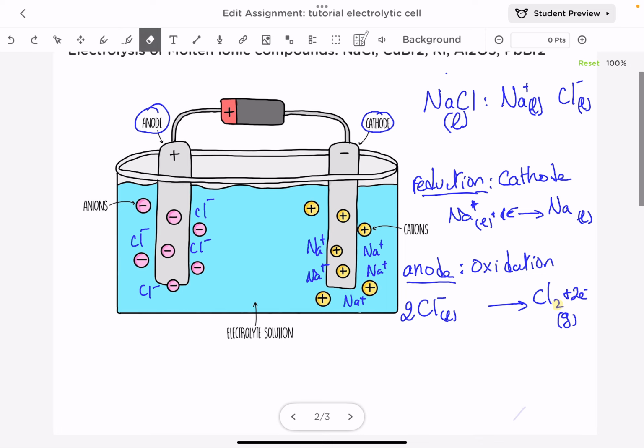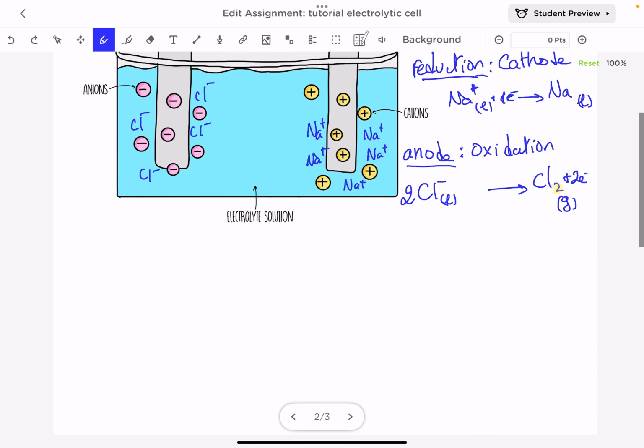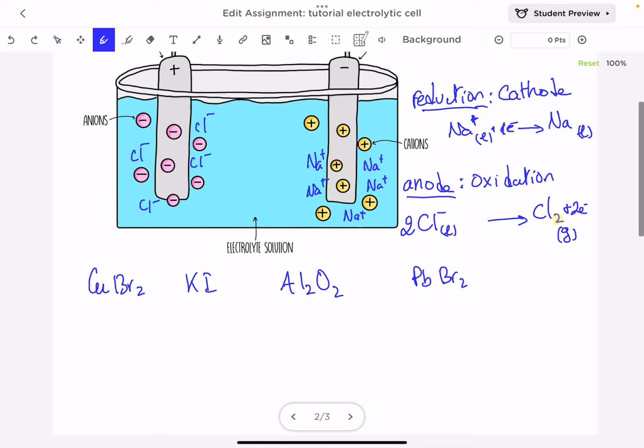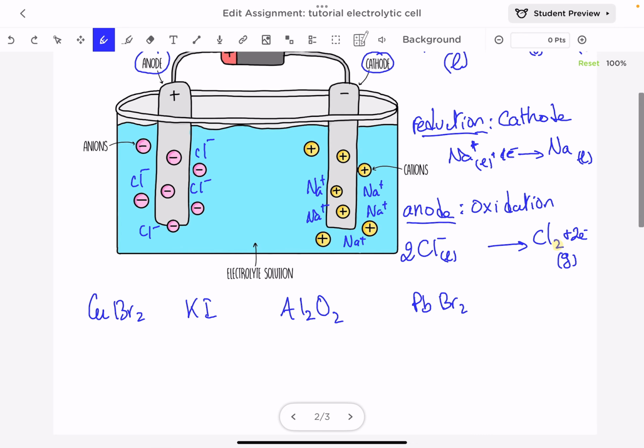Now let's take another example so that you get used to it. Copper bromide, potassium iodide. I'm also discussing aluminum oxide and lead bromide. Whenever you get a question asking you what is the product obtained, or what is discharged at the anode and what is discharged at the cathode, or it could be asking you to write the half equation of the reduction or the half equation of the anode, it's all the same concept.